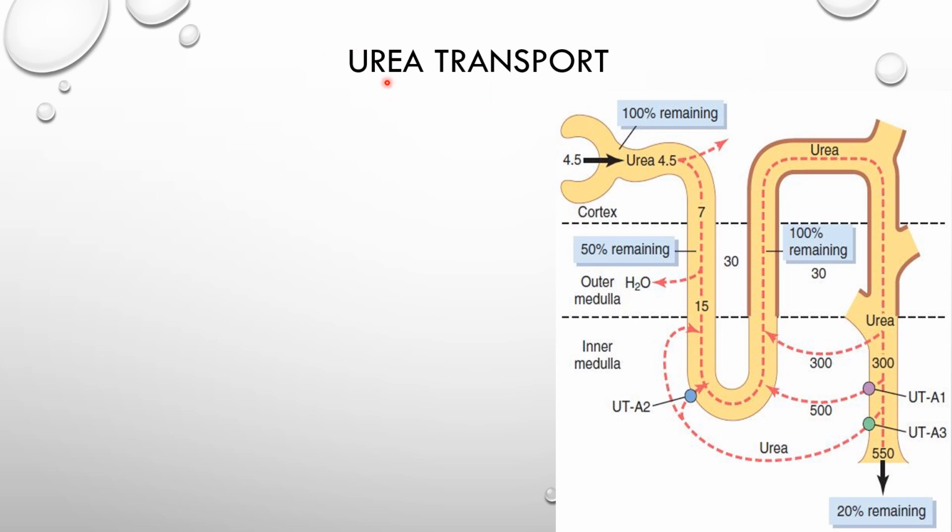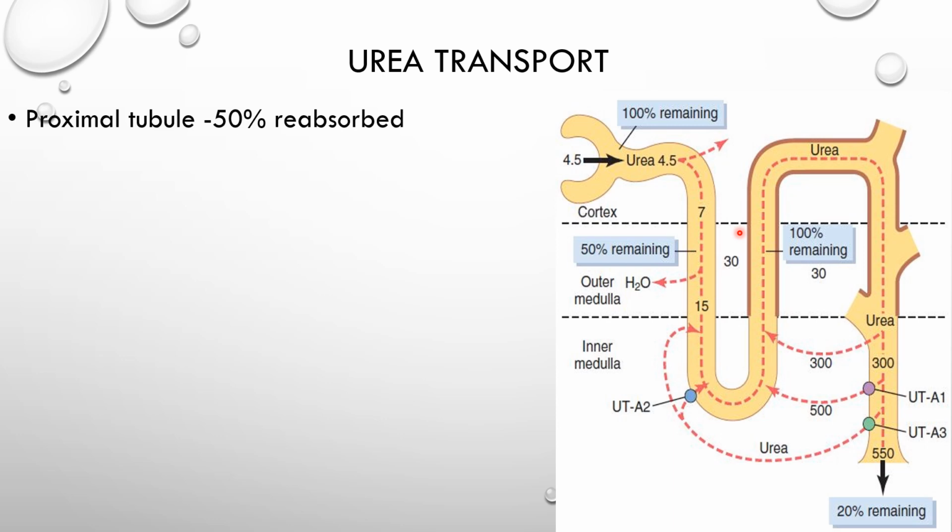Urea transport. Urea is a metabolic end product of protein which contributes around 40 to 50% of the osmolarity, which is 500 to 600 milliosmol. In the inner medullary collecting duct, passive reabsorption happens, which is facilitated by the urea transporters.